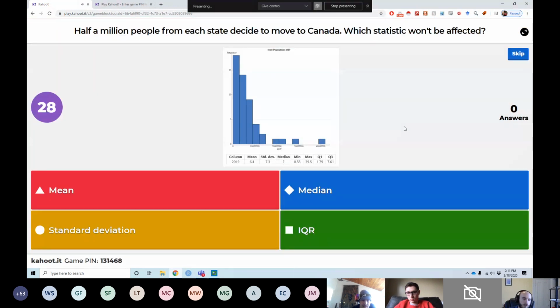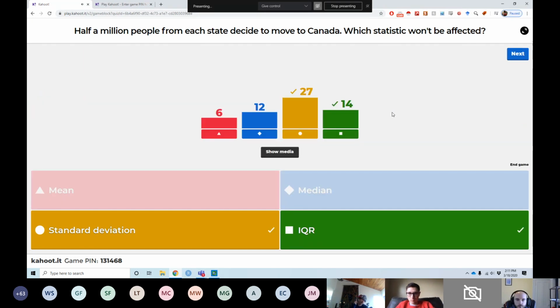So essentially, each state is losing exactly 500,000 people. There's actually two right answers for this one.